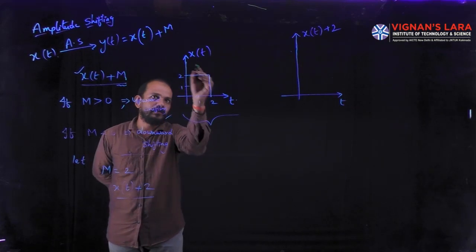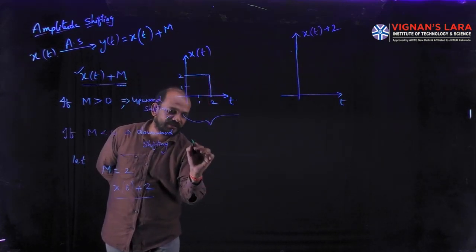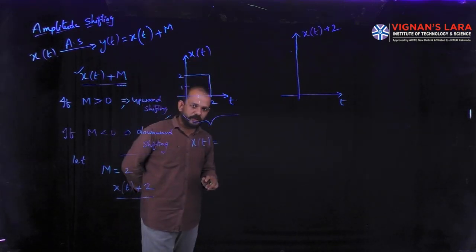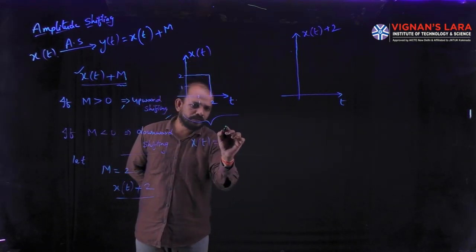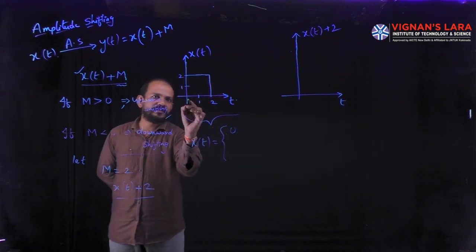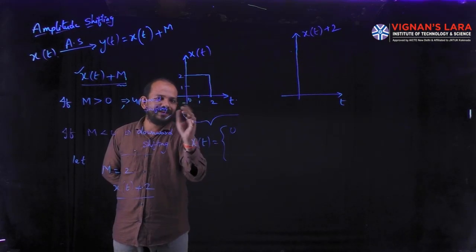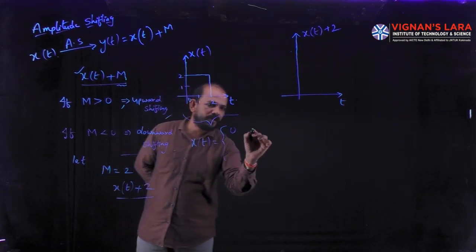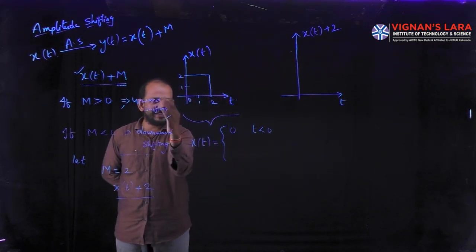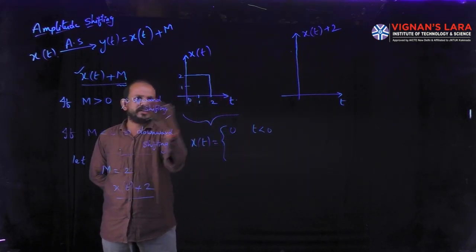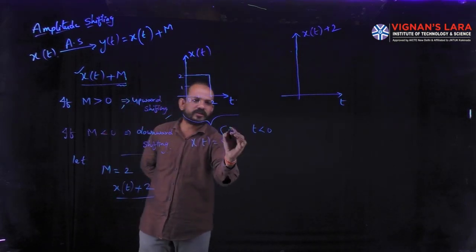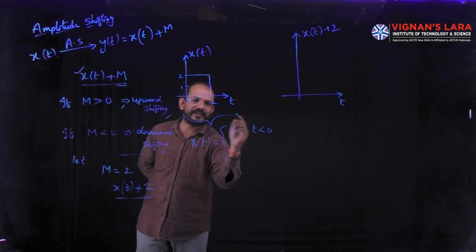On seeing this diagram, I can write the equation for the input signal x of t. x of t will be equal to 0 for t less than 0. If the value of t is less than 0, that is minus 1, minus 2, minus 3, there is no amplitude, there are no values of x of t. Hence, x of t equals 0 for t less than 0.